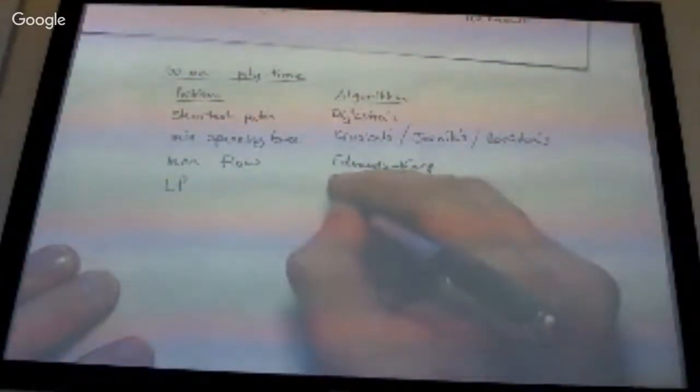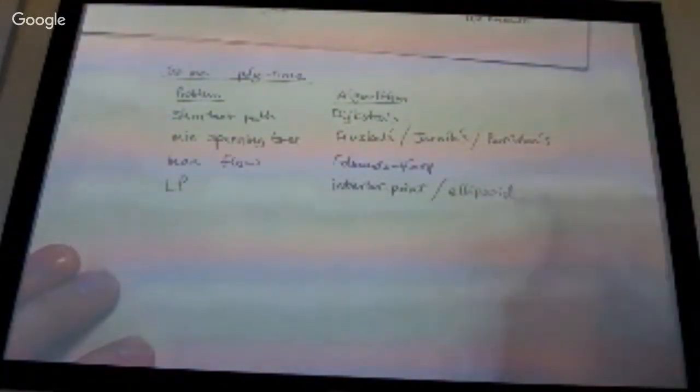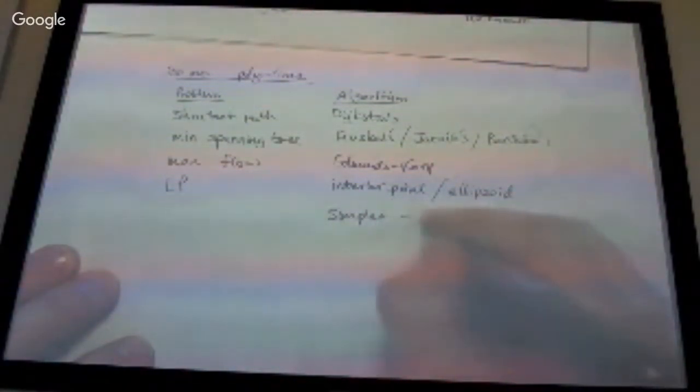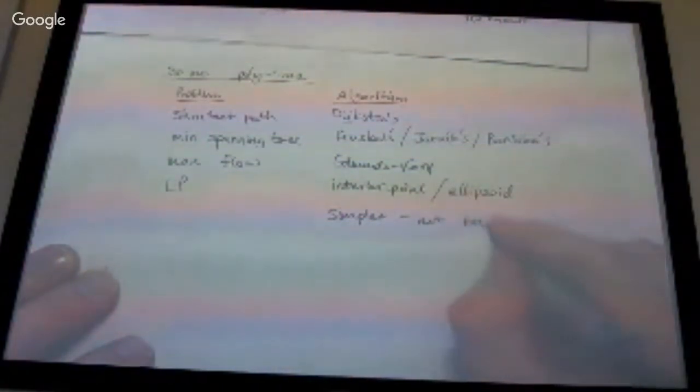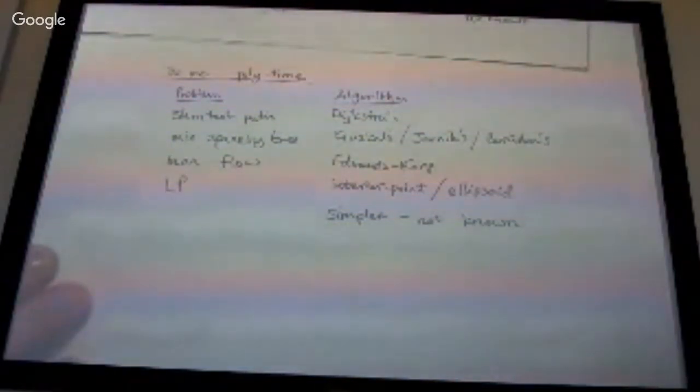There are algorithms we didn't see, like interior point and ellipsoid. There are two different algorithms that are polynomial time. Simplex, we don't know. Depending on how you choose your pivot elements, nobody has found a version that is provably polynomial time.